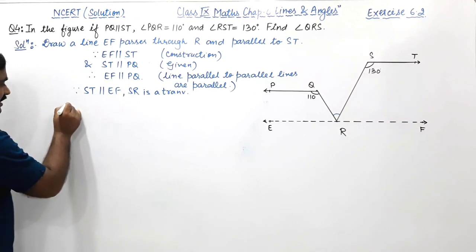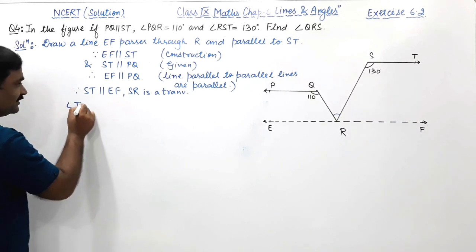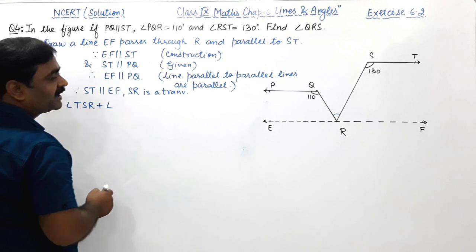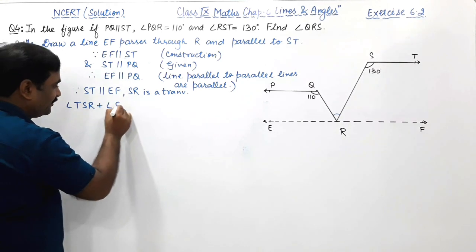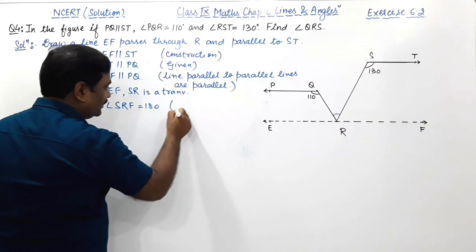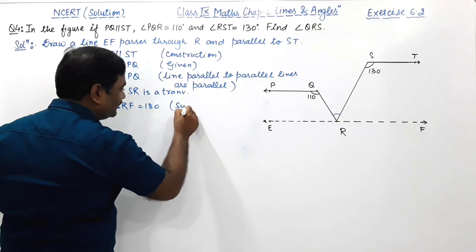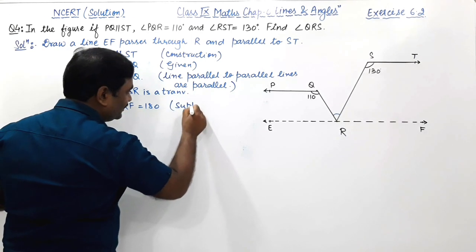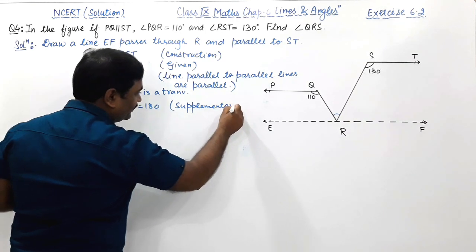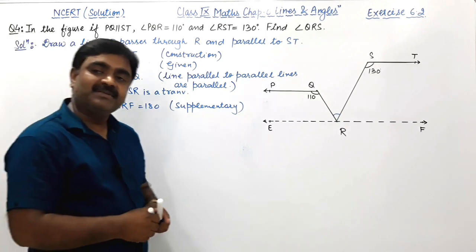It means angle TSR plus angle SRF equals 180 degrees. They are supplementary.